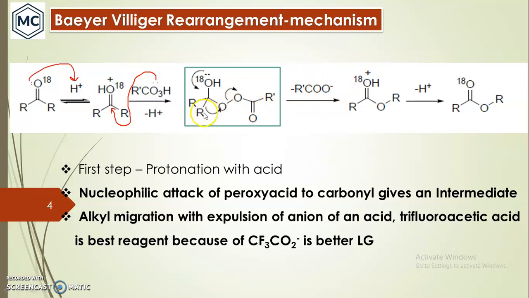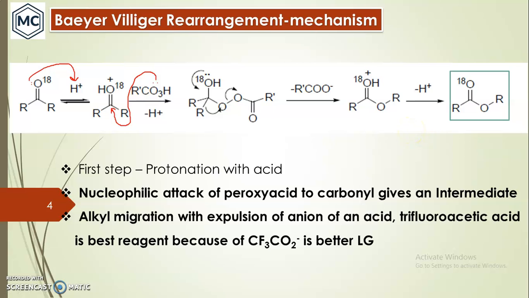At the same time a rearrangement takes place, that is an alkyl migration: the alkyl R group migrates to the electron deficient oxygen, and you get this product, which is finally deprotonated. This proton gets removed, and you get an ester. This is our final product. So you are converting a ketone into an ester. It is a very important reaction.